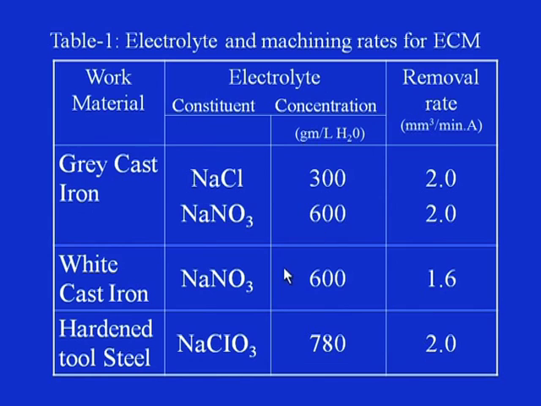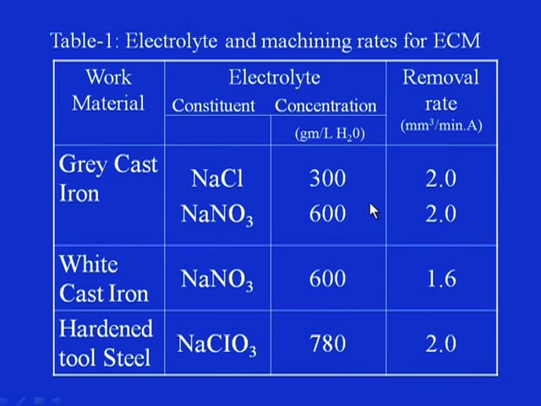For machining grey cast iron, generally sodium chloride and sodium nitrates are used, and the concentration varies. In case of sodium chloride, 300 gram per liter of water is being added, and then sodium nitrate 600 gram per liter of water is added, and the corresponding material removal rate is 2 millimeter cube per minute per ampere.